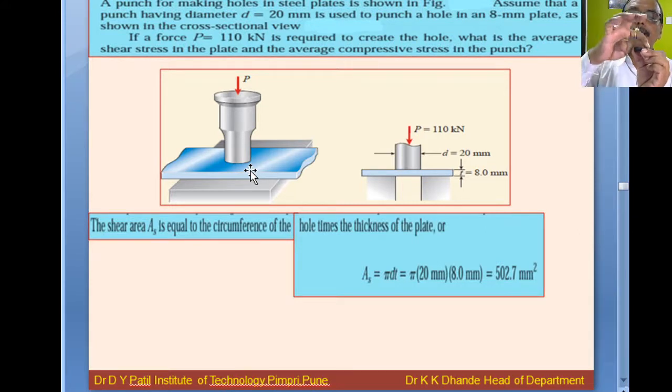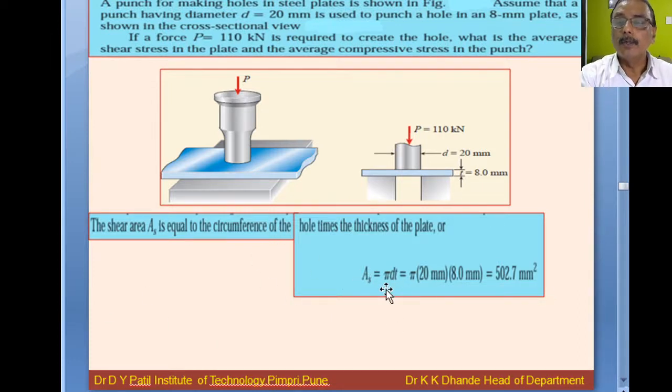The circumference is pi d, and into its thickness t, so pi d into t is the shear area.